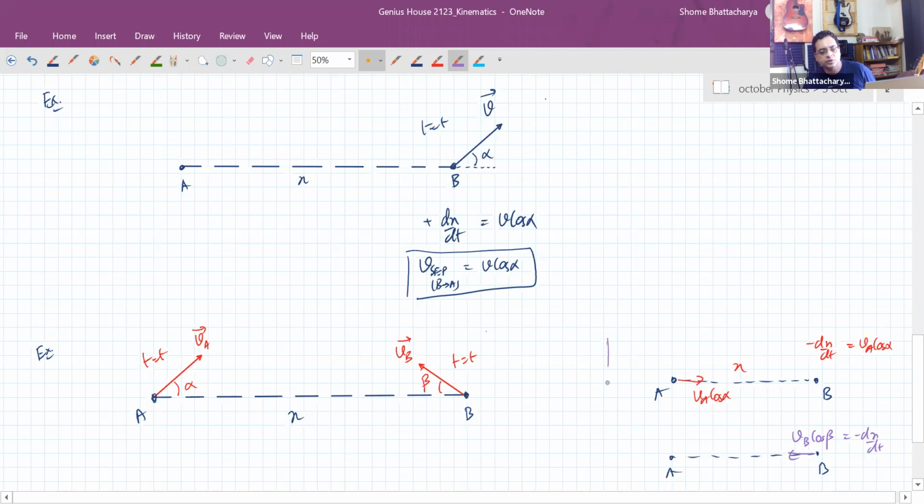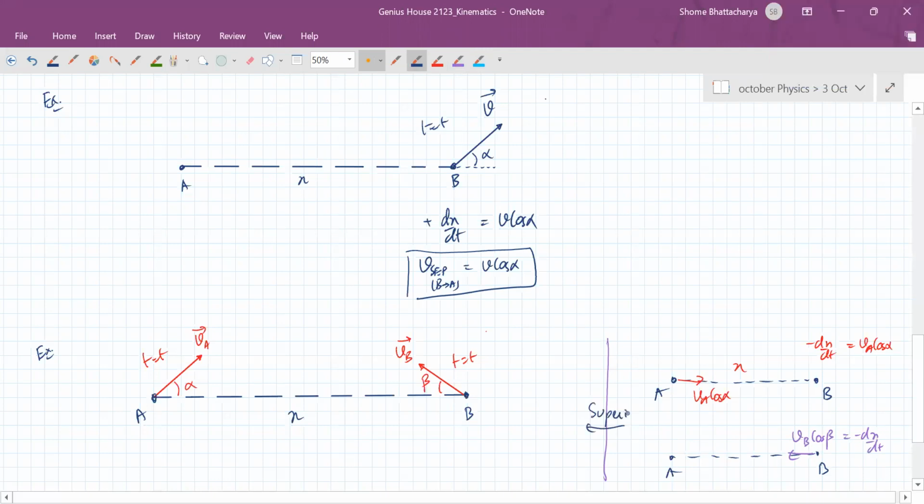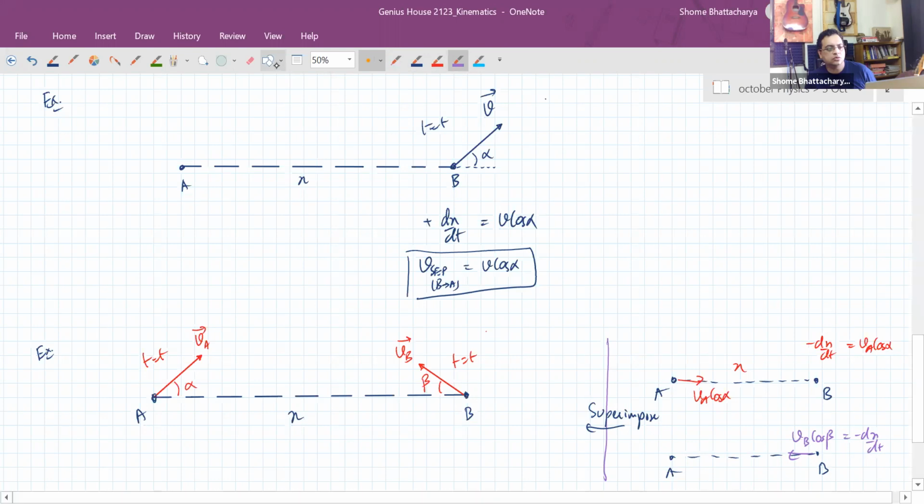So when you superimpose these two, these two components of velocity are contributing to the net approach velocity, whereas these two components at the moment are not making any difference to x. An instant later, they will start making a difference, but we are not worried about that. We are just thinking at this instant, what is the instantaneous rate at which x is changing? That is only affected by the components of VA and VB which are along the x-axis, or along the line joining them.